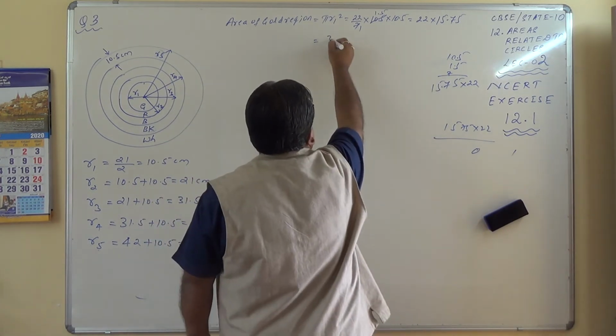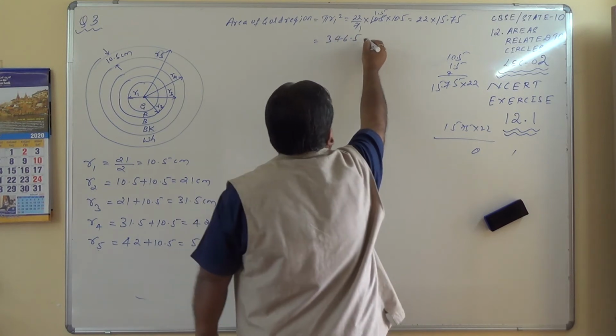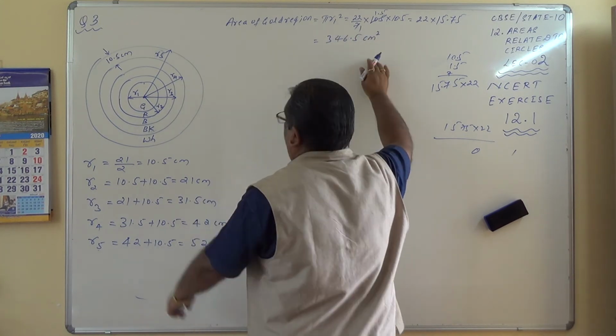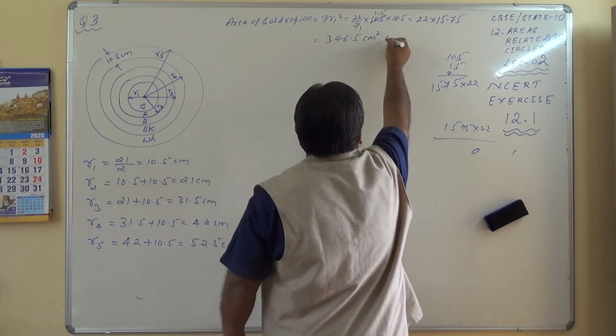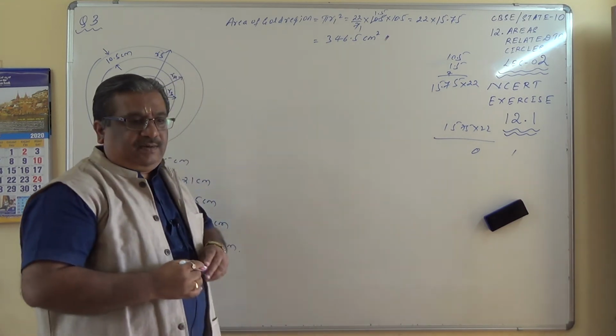We are getting 346.5 square centimeter, because everything is in centimeter. So this is the first area. Answer is correct.